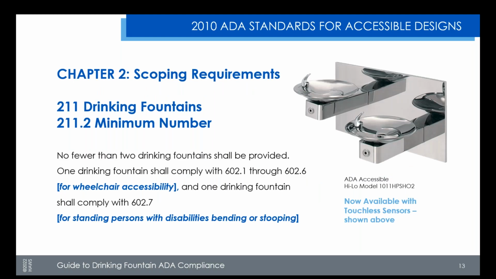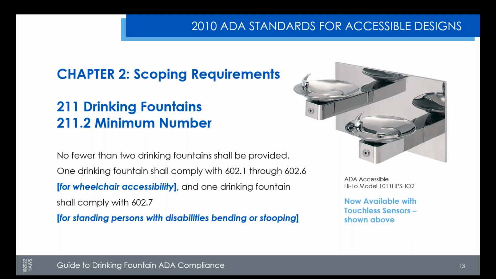Now, Chapter 2 explains that where there's one fountain, typically a high side fountain, there must be 2 fountains. Okay, local building codes determine the number of drinking fountains that must be installed based on occupancy. This simply states that there must be a high fountain and a low fountain.